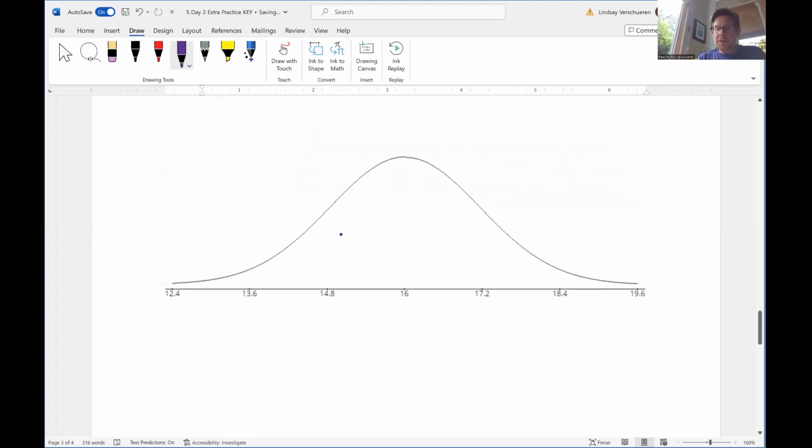So what this shows is most of the time we would expect any sample of 62 offenders, if we took all their sentences and averaged them out, they should average to be very close to 16 months. It's quite possible that it would average out to be something higher, like 17.2. It's possible, but getting weird, if it averages out to be 18.4. And further than that, 19.6, we should essentially never see values above 19.6.